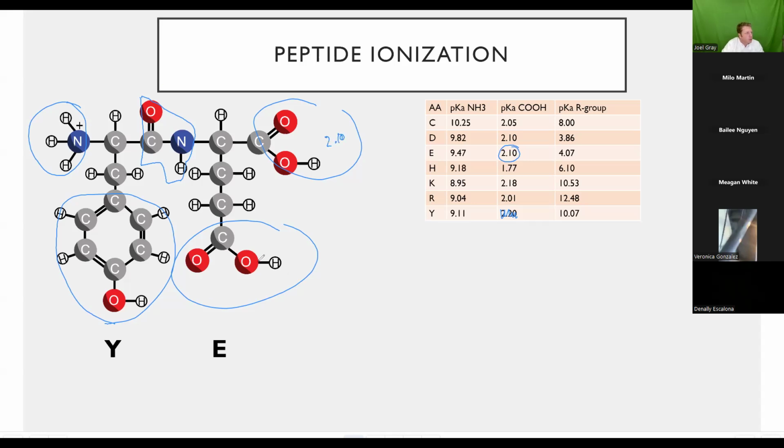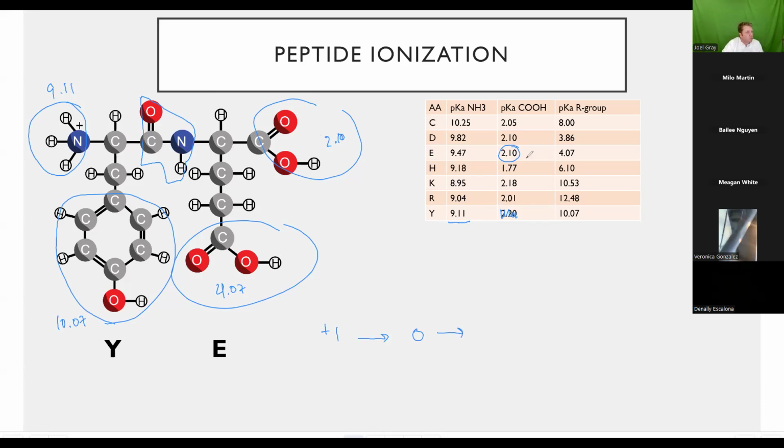Then my R group for glutamic acid is 4.07. My R group for tyrosine is 10.07. And last but not least, my N termini of tyrosine is 9.11. So this molecule has a charge of +1 to 0.